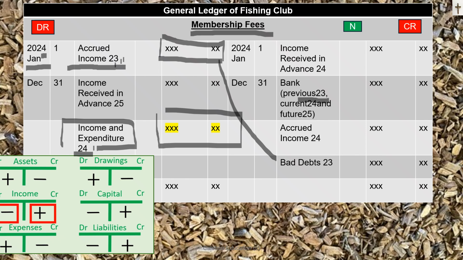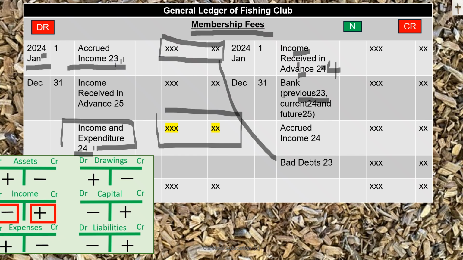Now on the debit side, we bring into the account income received in advance from 2023, but it actually relates to the current year.